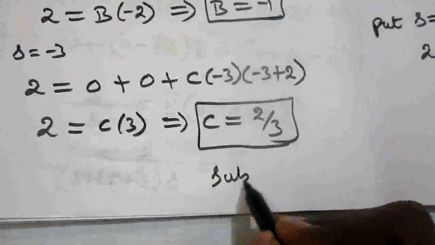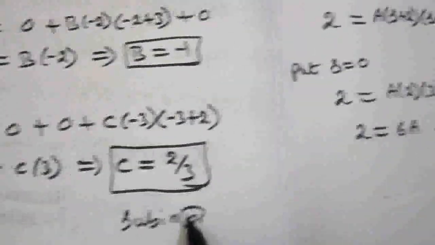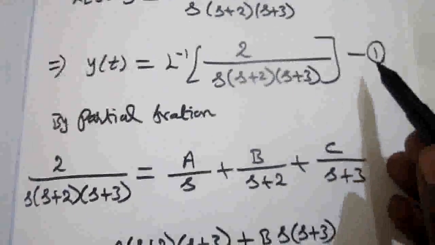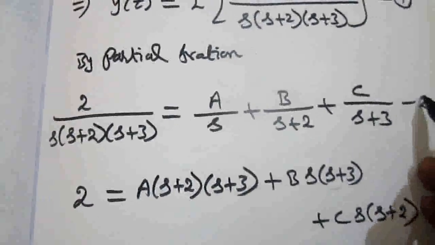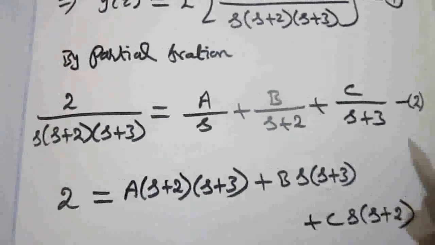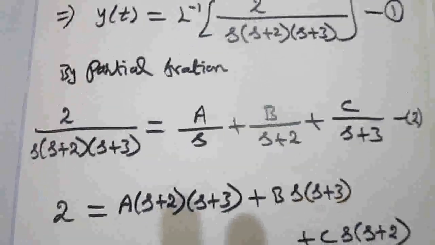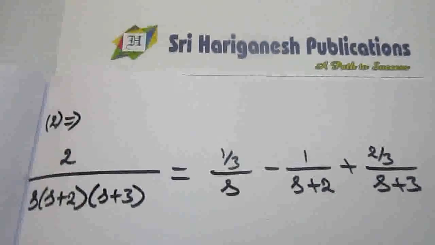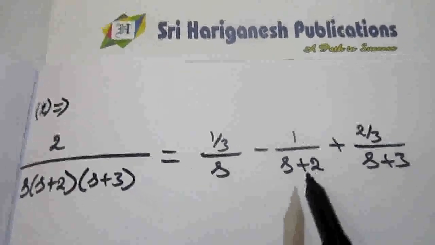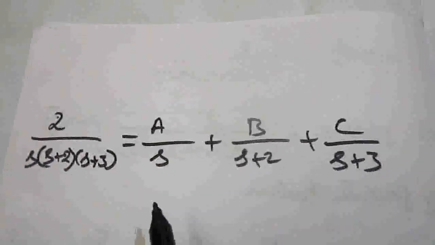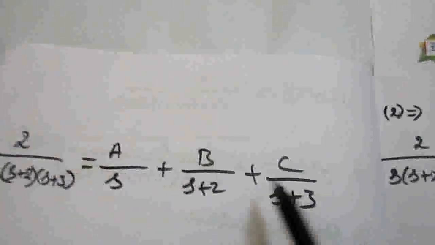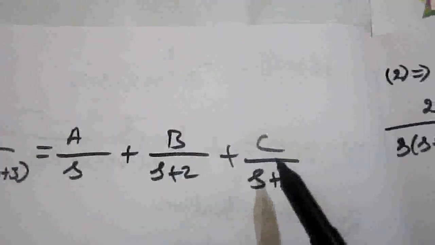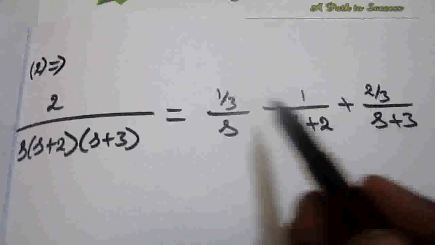Substituting these values in equation number 2, because already we took this as 1, so this is equation number 2. Substituting the values of a, b, c in the second equation, we will get: a value is 1 by 3, so 1 by 3s; b value is minus 1, so minus 1 by s plus 2; c value is 2 by 3, so 2 by 3 by s plus 3.